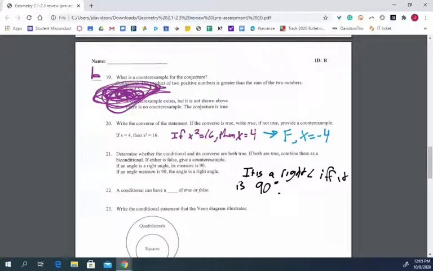A conditional can have a blank of true or false. What is that word right before 90? Is. 13. Do you guys know how to read my writing by now? A conditional can have a blank of true or false.